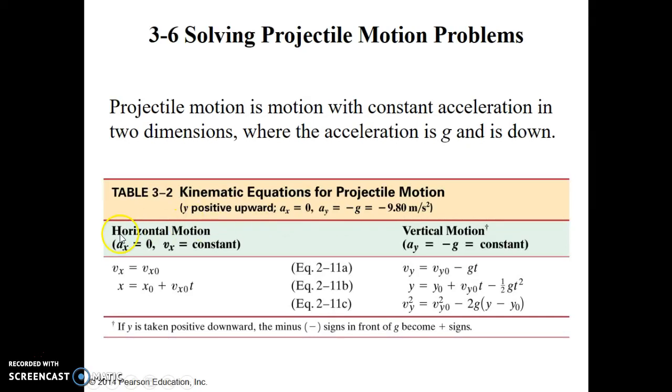So if we plug that in, say that acceleration in x is equal to 0, and Vx is now a constant, then your kinematic equations simplify drastically to that form. But your y component equations stay the same with just substituting acceleration in y with negative g. Otherwise your equations stay exactly the same.